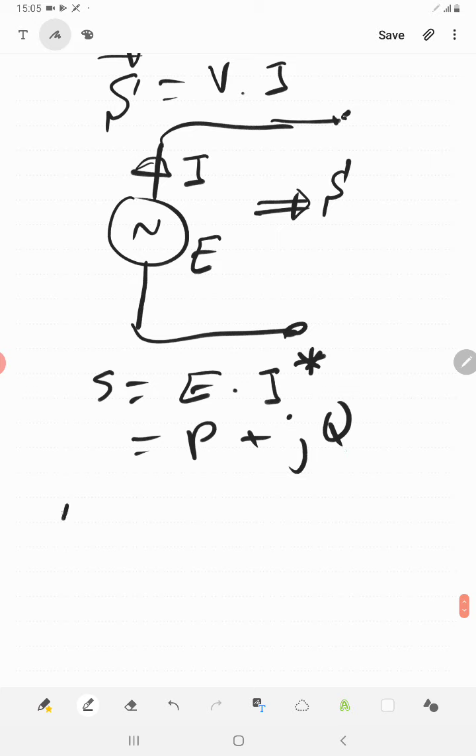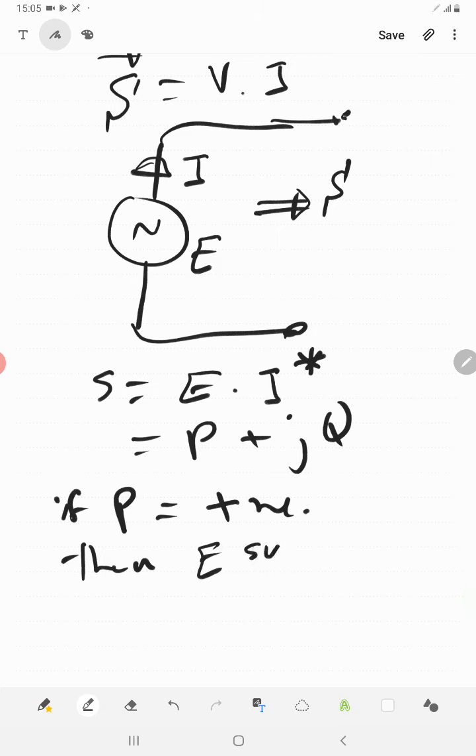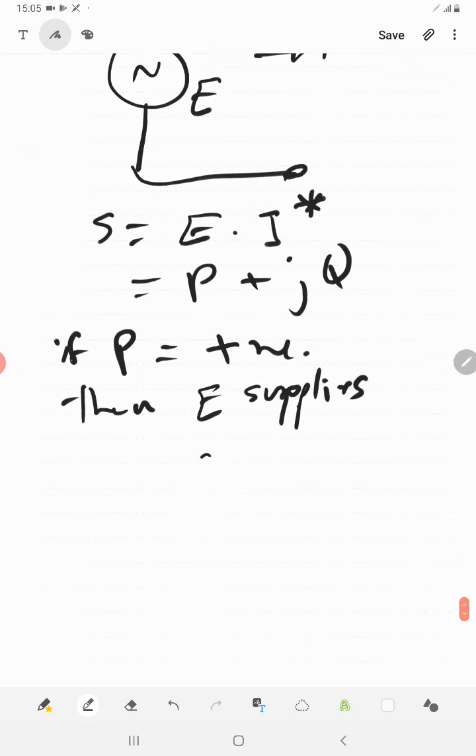So, if P is positive, then E supplies active power, okay?